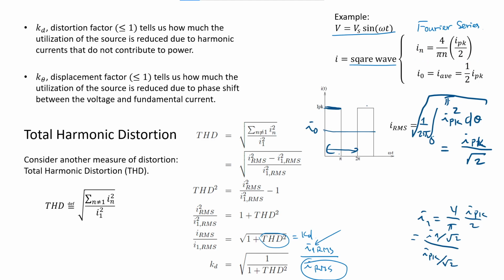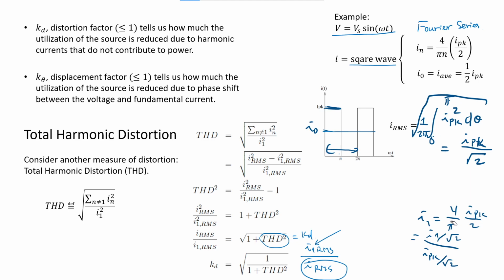I0 is the average, which is half here, because the period is 2 pi and half period is pi. Now you calculate I root mean square using the formulation, root, mean, and square inside. Then you have this value. And I1 you get from this formulation, n equal to 1, right?